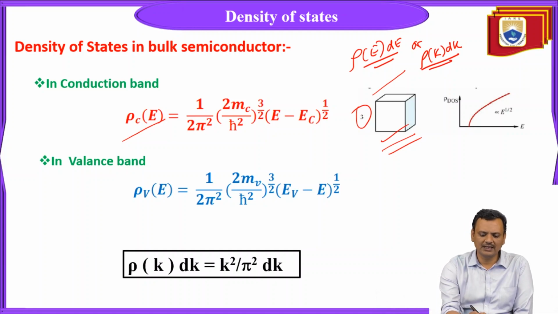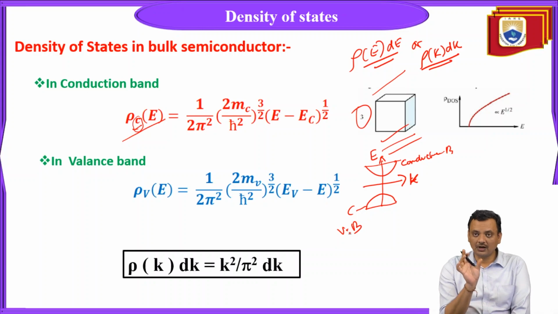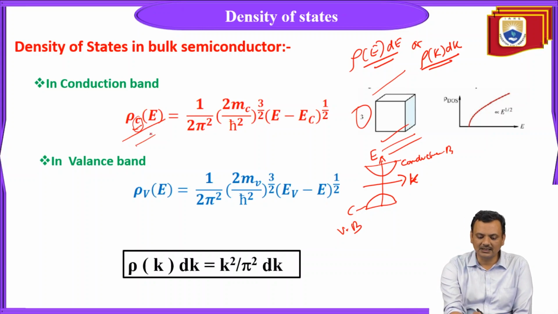Here we take it for the conduction band, because your band structure is divided into two categories. One part is known as the conduction band and the other part is known as the valence band.